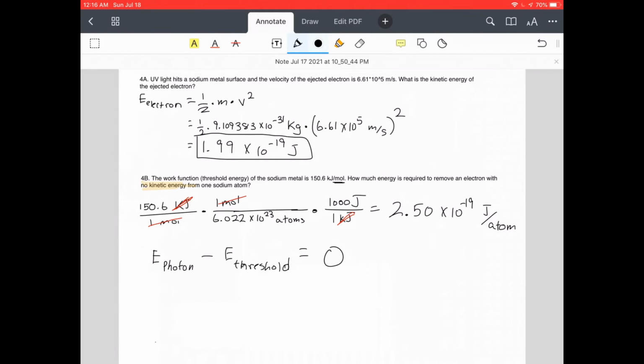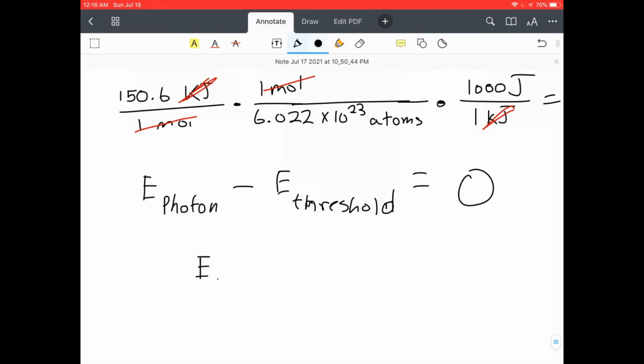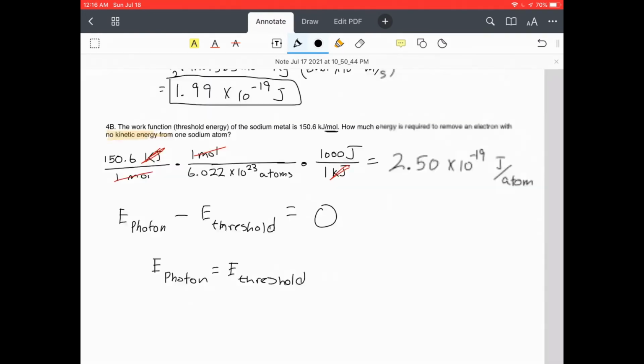And so now let's just rearrange this equation to make it easier for us. So the energy of the photon is equal to the threshold energy of the metal.